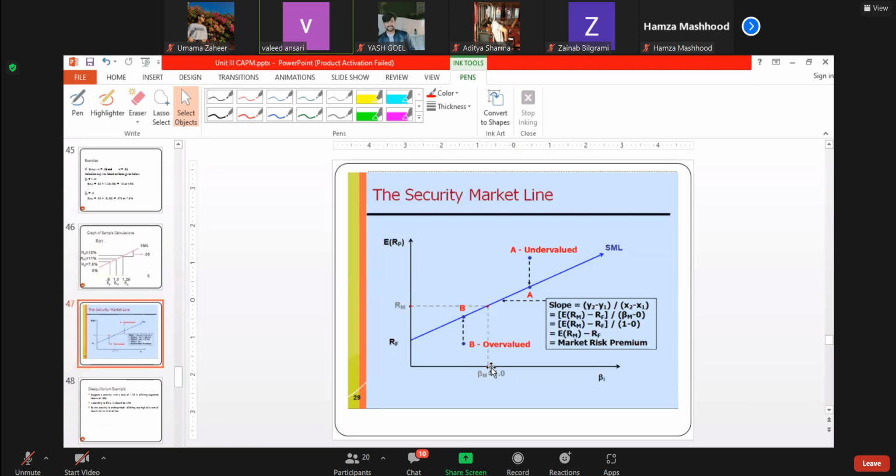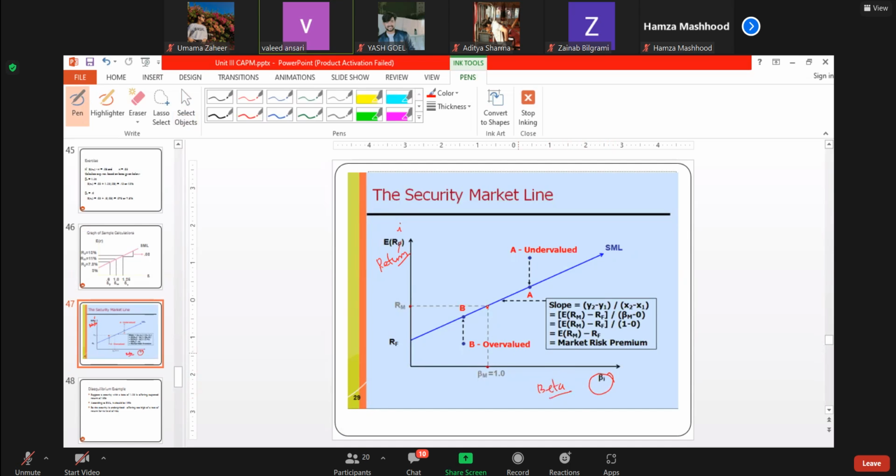Now I'm discussing something different from this. By now, you must be familiar with the idea, and I have been repeating it again and again, that this is the expected return on a portfolio or security. Beta of security i is the market risk.